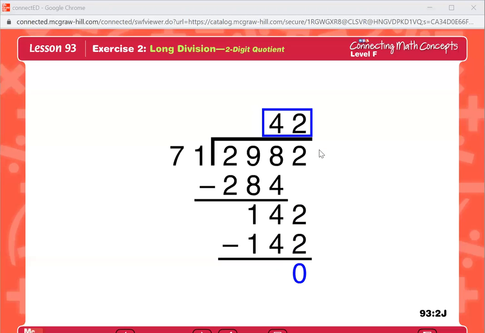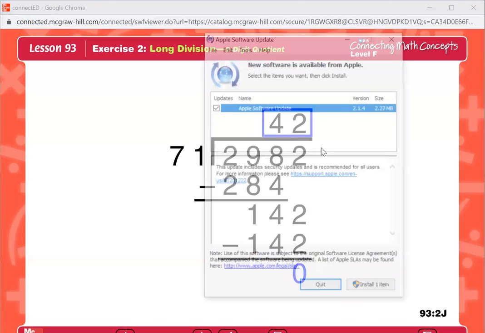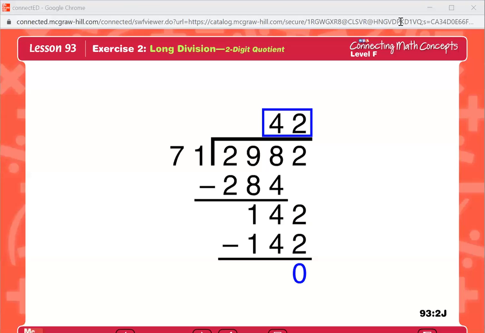First, you bring down the ones digit, you work the new division problem, and subtract again for the remainder. Rewatch this step of the video if you're having troubles. Now, let's move to the next thing, balance beams.